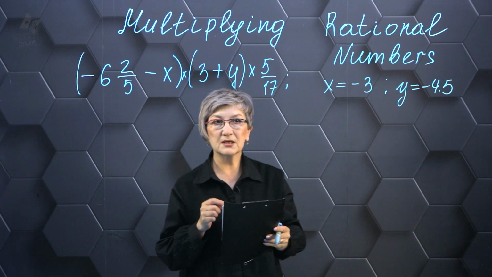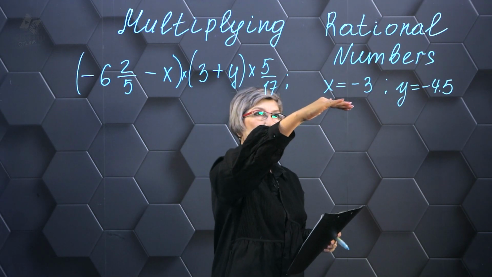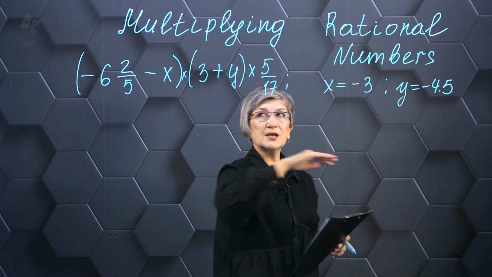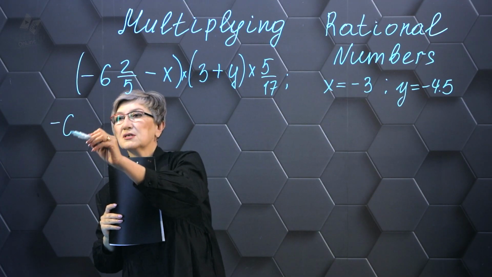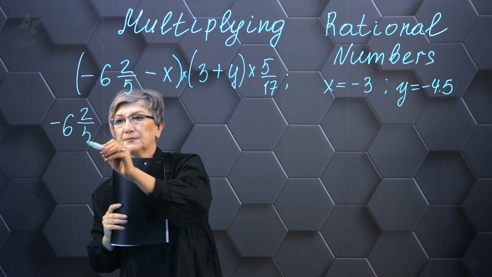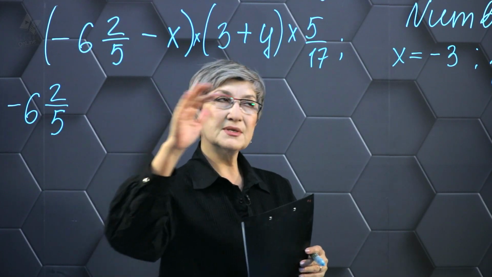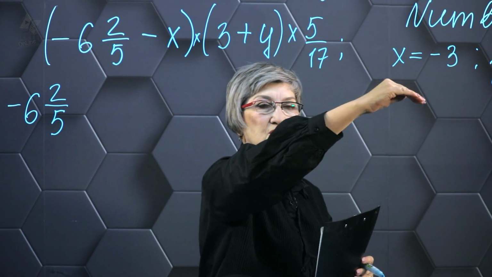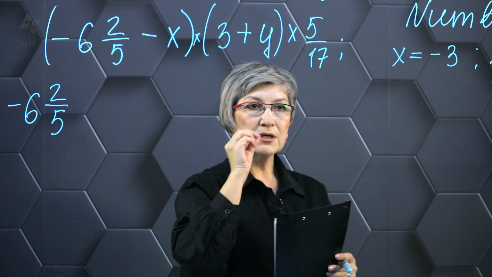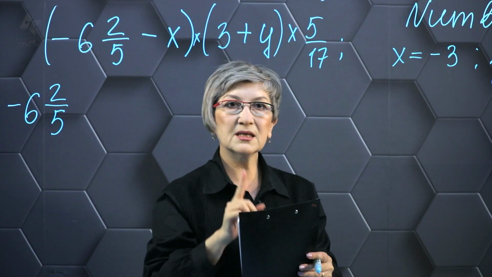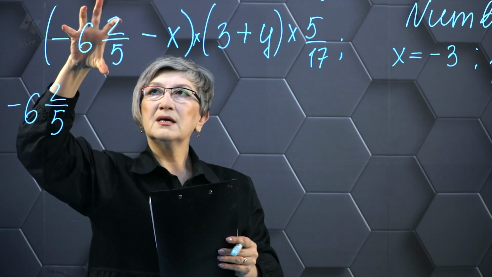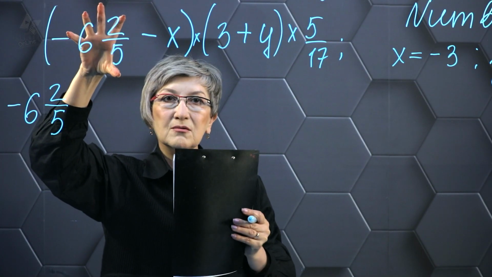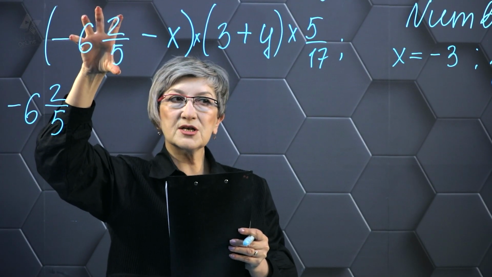Let's solve this example. Let's substitute the values of x and y into our example. Let's write down minus 6.25. And when we substitute the values of our variables, I want to call attention to the next entry. I'm writing according to the condition of the example, minus 6.25.